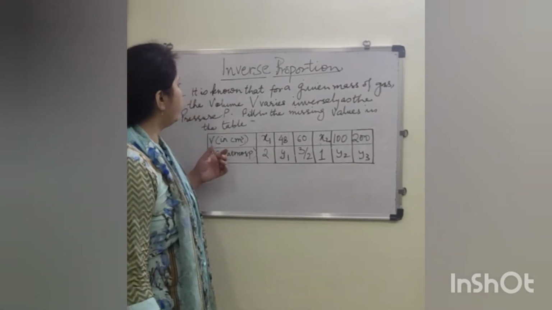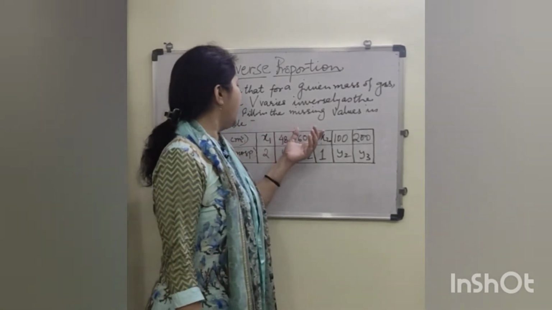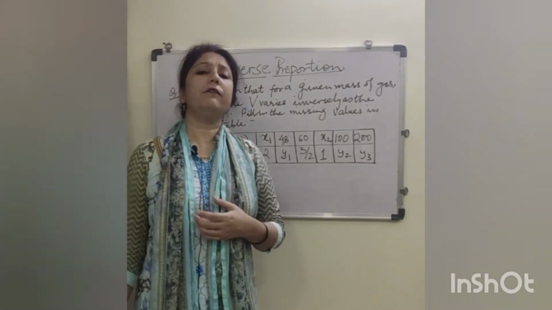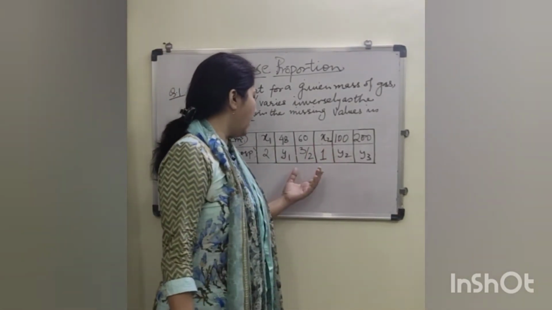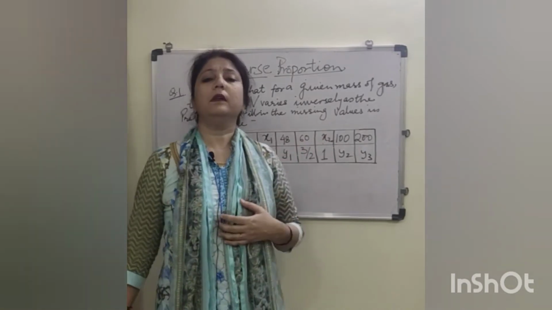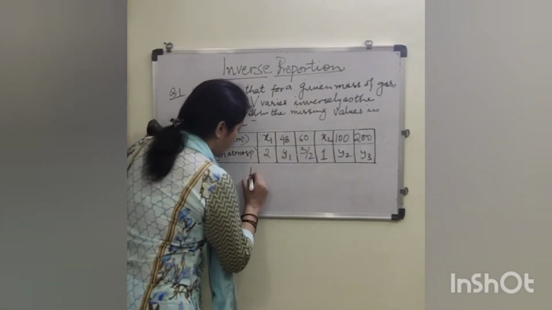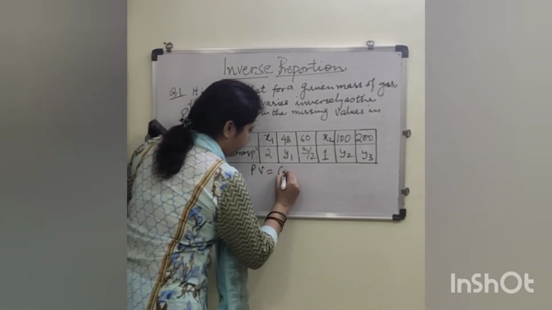Here in this question, P and V are varying inversely, and we have to find the values of the unknown variables. First of all, write the relation that PV is a constant.